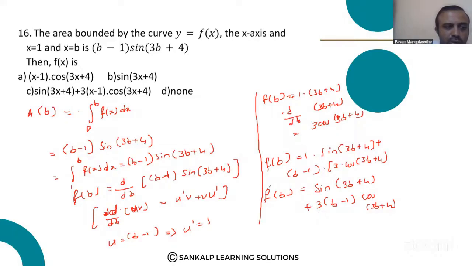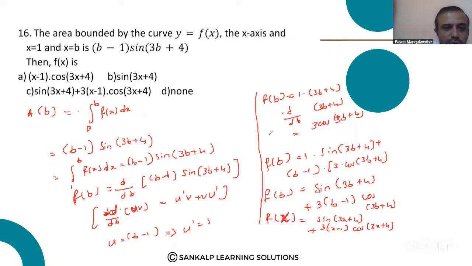So here, replace b with x. Wherever the b is there, replace b by x. Replacing b by x, f'(x) is equal to sine of 3x plus 4 plus 3 into (x minus 1) into cos of 3x plus 4.